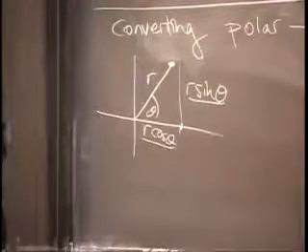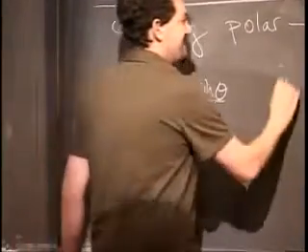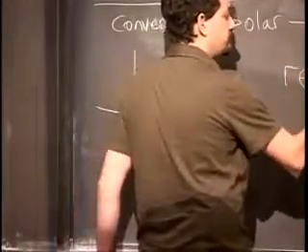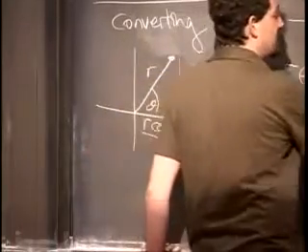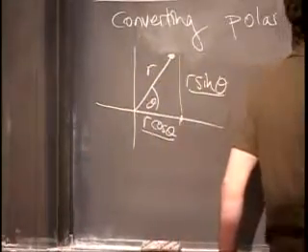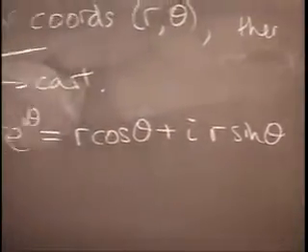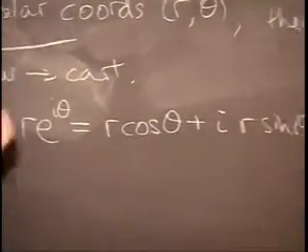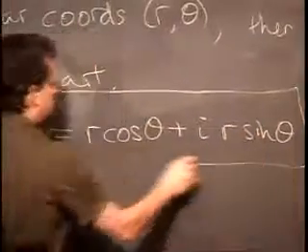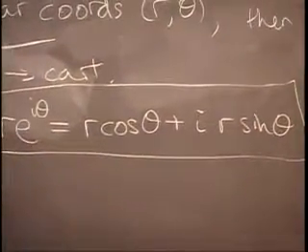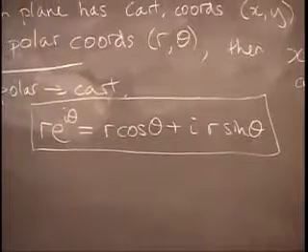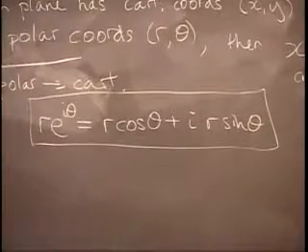But that's actually the formula I wrote before, namely r e to the I theta is r cosine theta plus I r sine theta. So that's Euler's formula multiplied by r. You might as well learn it in that form. When r equals 1, we get exactly Euler's formula that I had written before with a box around it.